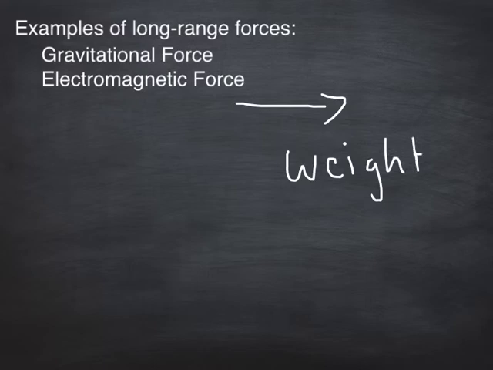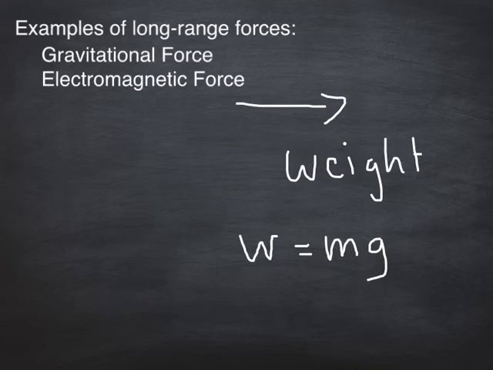So the weight of an object, we usually write this as W equals the mass of the object times the gravitational acceleration, which on Earth is 9.8 meters per second squared directed toward the center of Earth, which we usually think of as down.